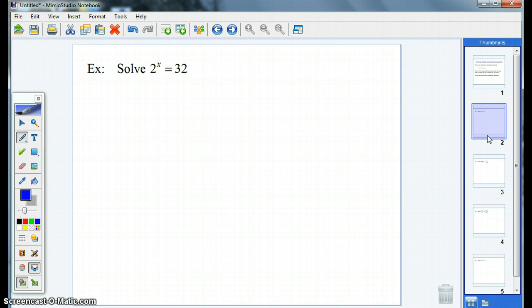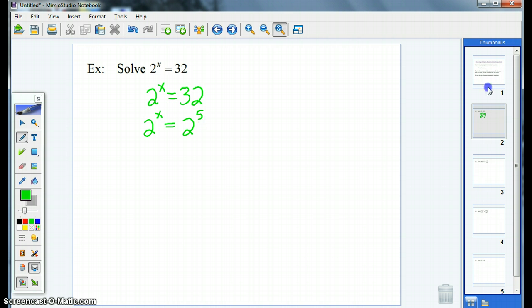So if we are asked to solve 2 to the x is equal to 32, what we notice there is that 32 can be written as a power of 2. And so the process here is to take our equation and write both sides as a power with the same base. 2 to the x can't really be changed, but the 32 can be written as 2 to the 5th.